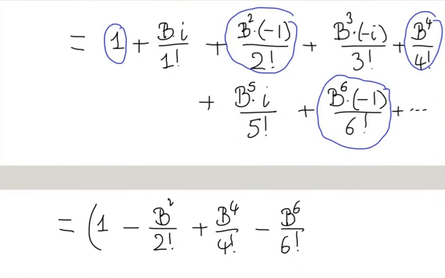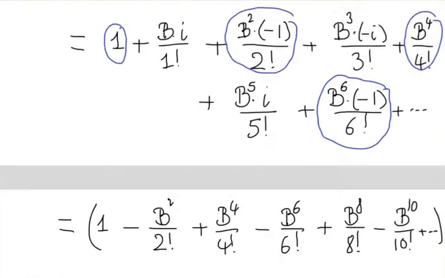And you see the pattern. The next one would be plus b to the 8 over 8 factorial. The next one would be minus b to the 10 over 10 factorial, etc. And we go on forever.